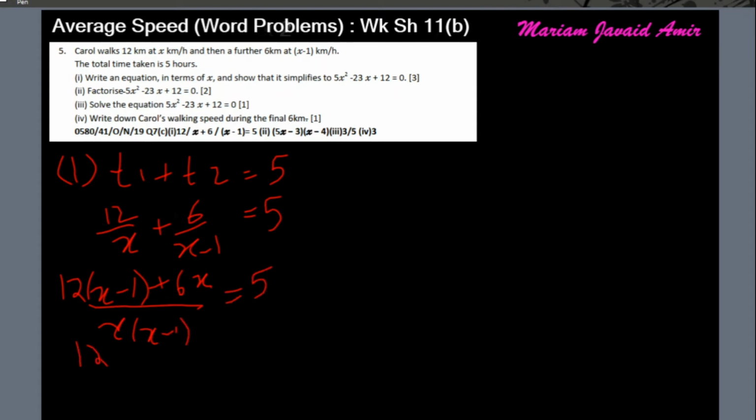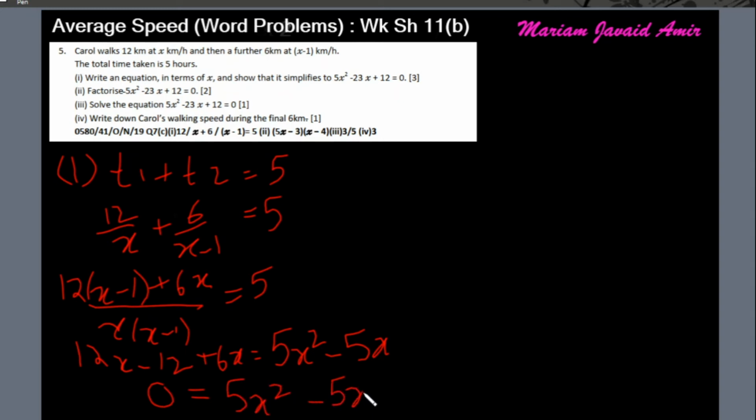So 12x minus 12 plus 6x equals 5x square minus 5x. So we have 0 equals 5x square minus 5x minus 6x minus 12x plus 12.